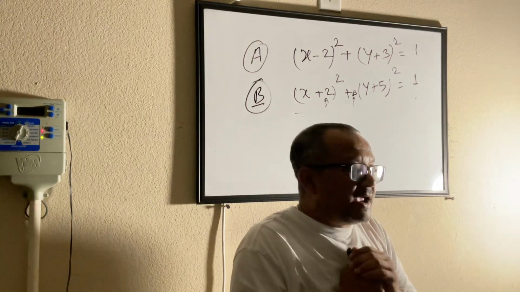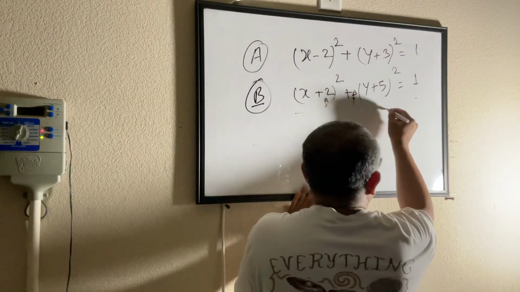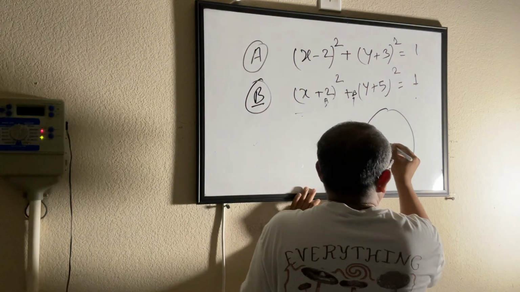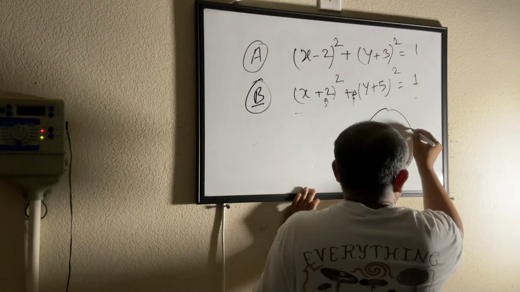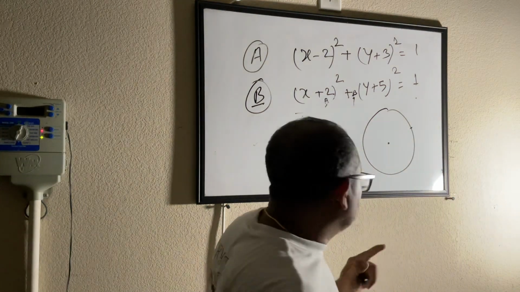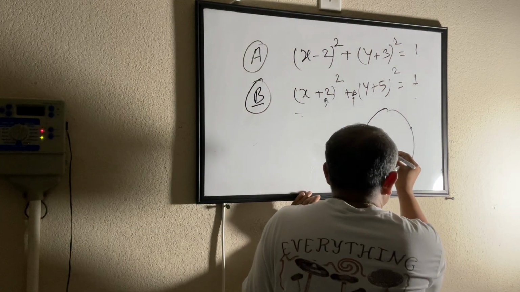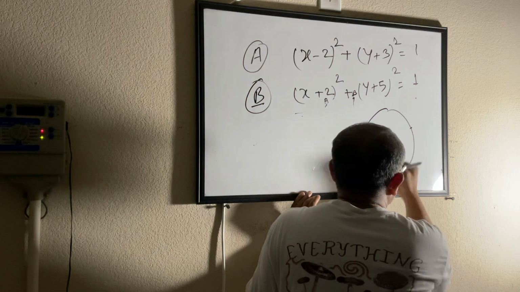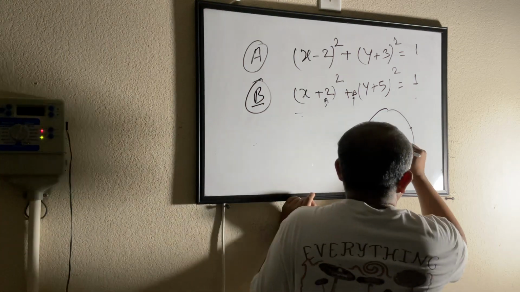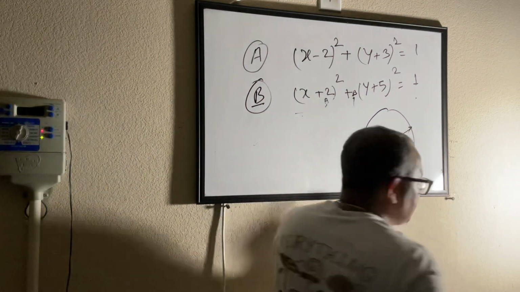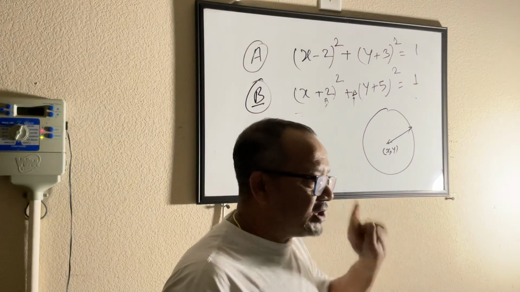For me, any circle has only two things that I need to be aware of. What is the center? What is the radius? Only two things. How do I locate my center? What will be the coordinates of the center? And what is the length of the radius?